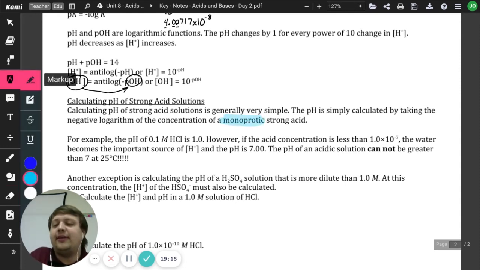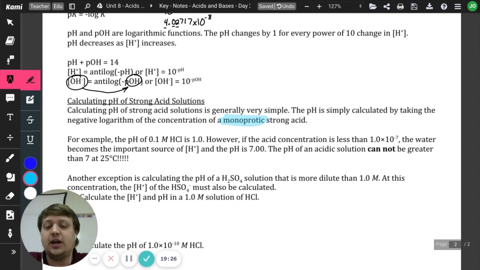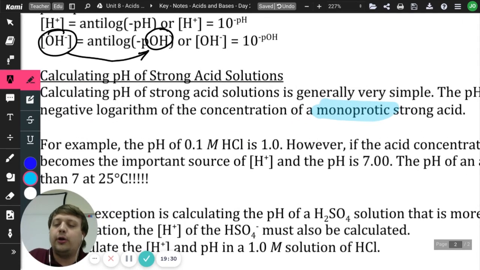Now, this is actually very important. Monoprotic just means you've got one hydrogen there to work with, one proton to work with. So, for example, if I've got the pH of 0.1 molar HCl, again, this is monoprotic. Why? Because there's only one hydrogen, and that is going to equal 1.